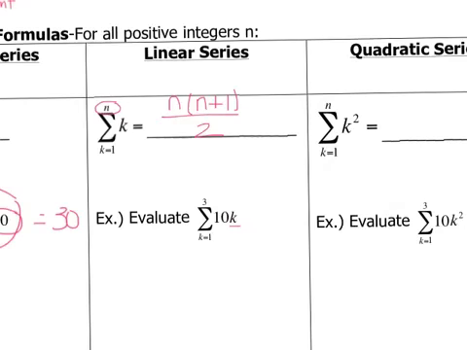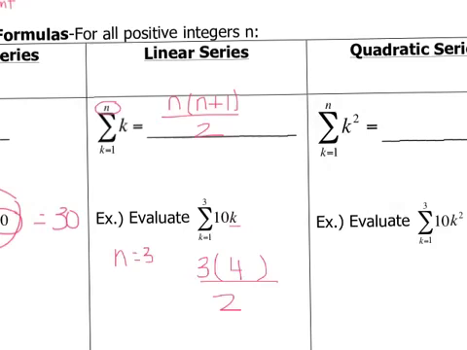That being said, look at this example. Again, your value of n is 3. So to find the sum of this series, we are going to take n, which is 3, times n plus 1, so 3 plus 1 is 4, all divided by 2.